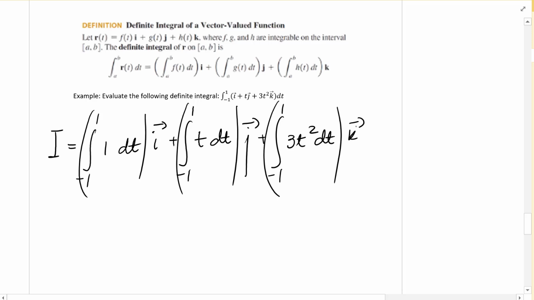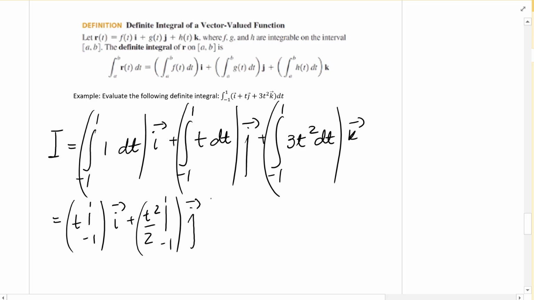So the integral of 1 dt, that's t from negative 1 to 1 i, plus t squared over 2 from negative 1 to 1 j, plus 3t squared, that's 3t cubed over 3, so it's t cubed from negative 1 to 1 of k.